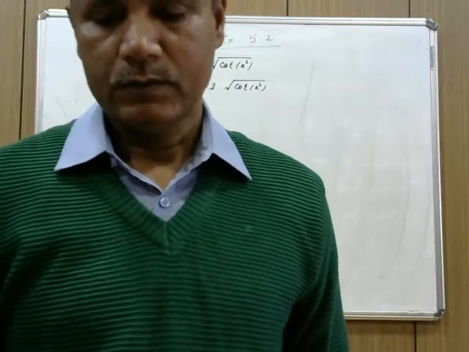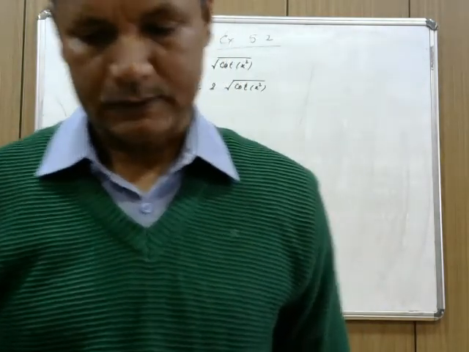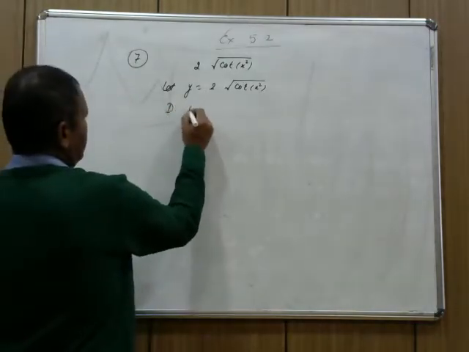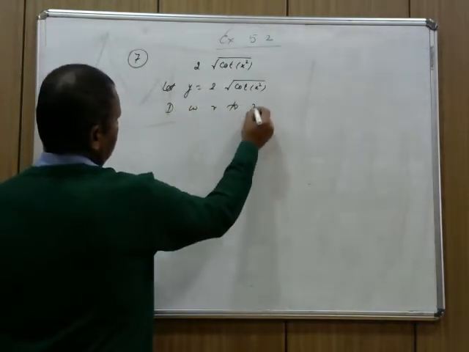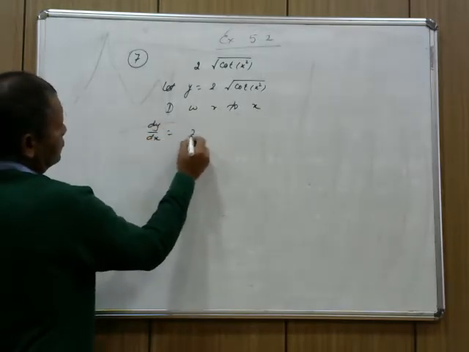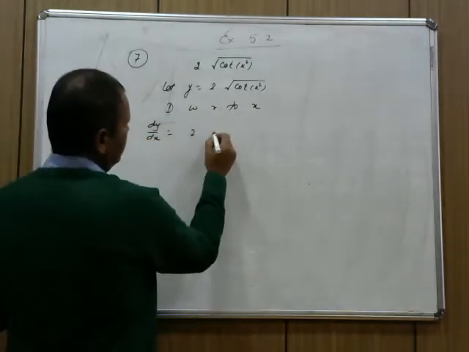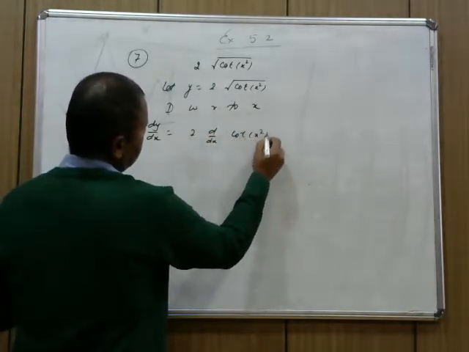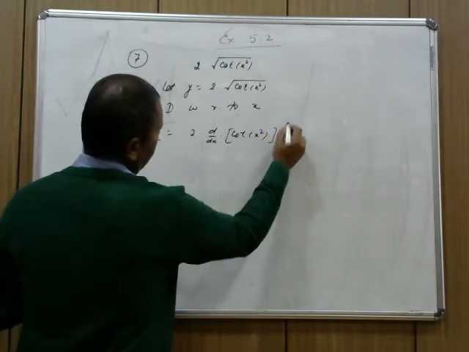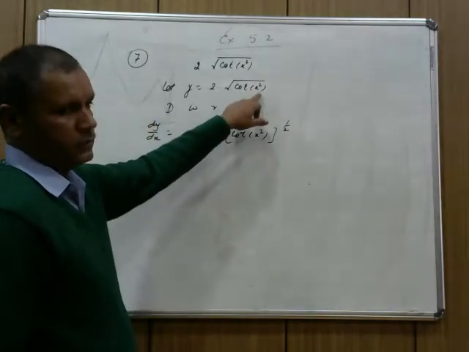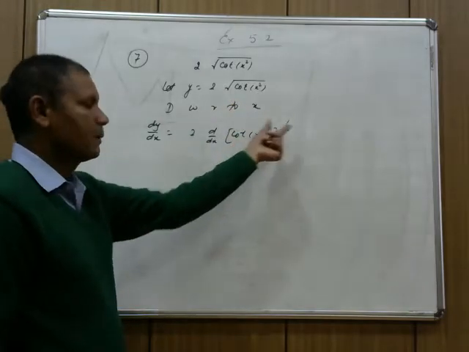Differentiating both the sides with respect to x. dy by dx is equal to 2 into d by dx of cot x square to the power 1 by 2. Under root cot x square, there is first x to the power n.